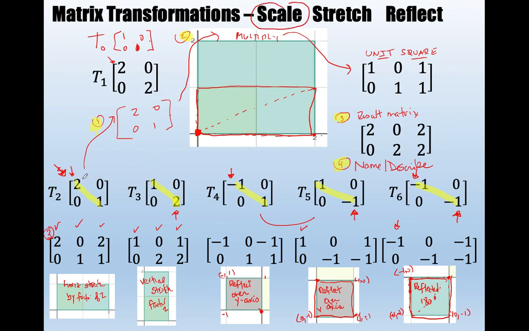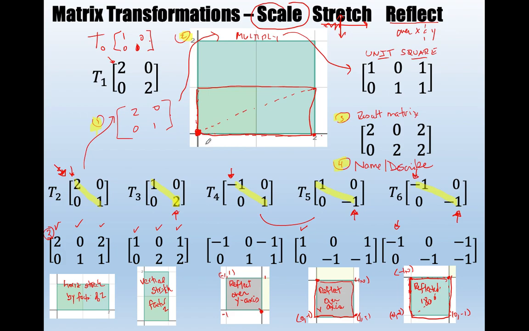What happened when on the main diagonal I only changed one of the values? I got a stretch either in the horizontal or the vertical. And then I have a reflection over axes. And yes, these can get more complicated, but this is all that you are responsible for so far.